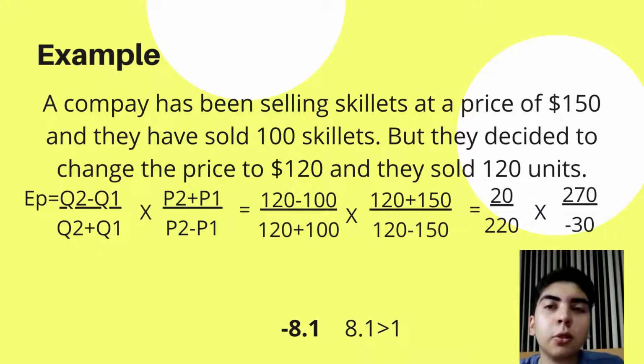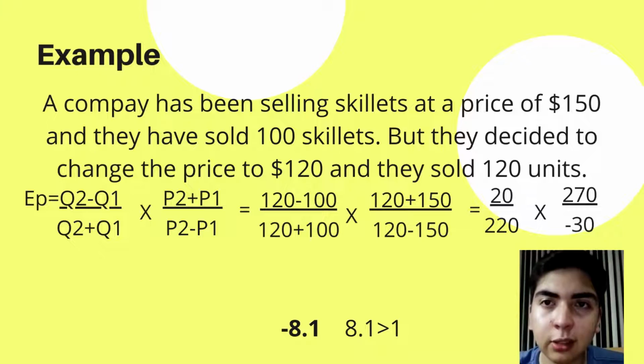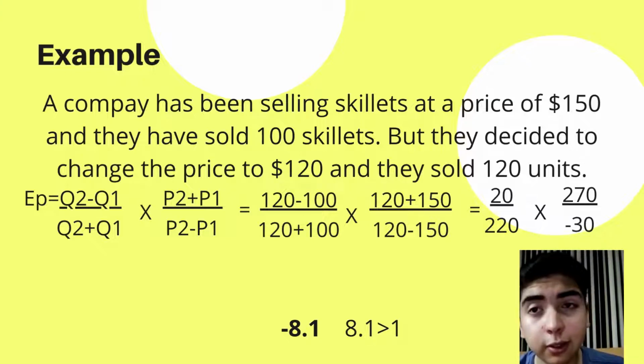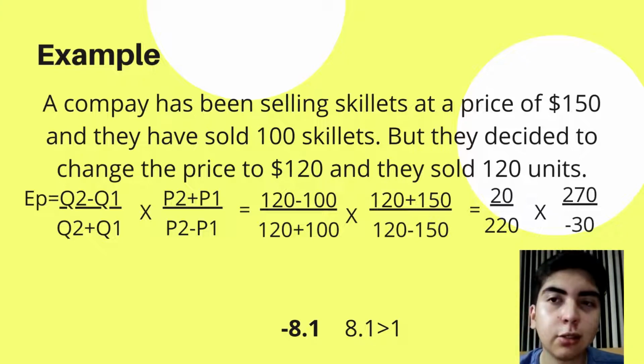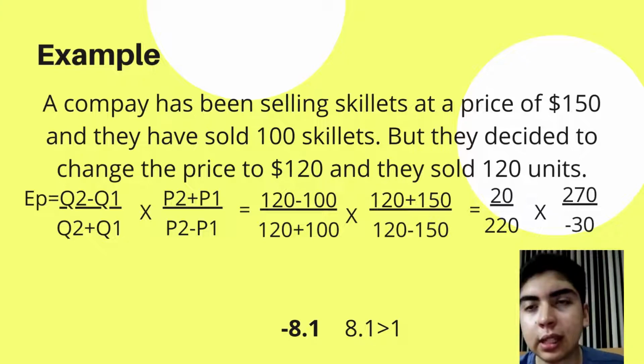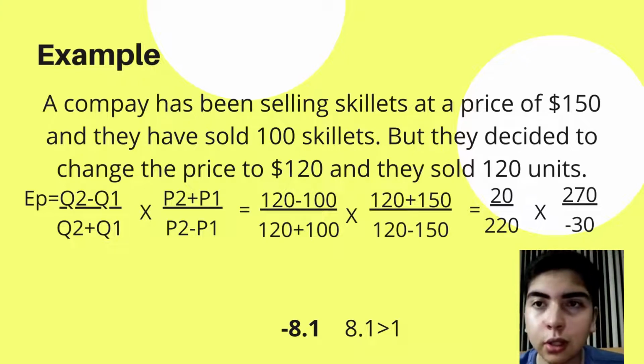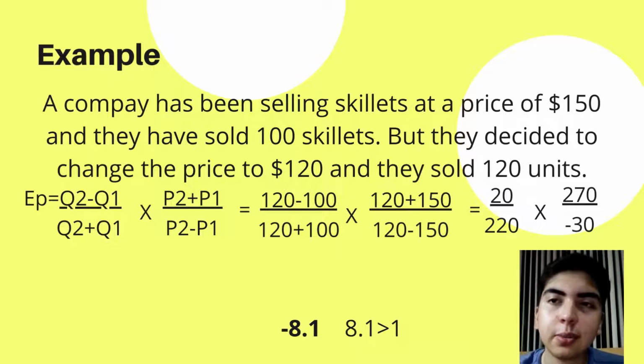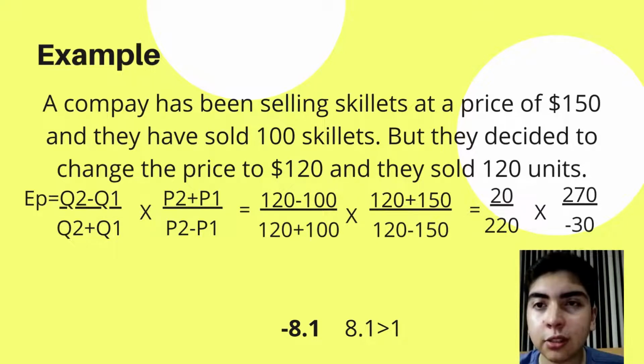So in this case it would be 120 minus 100 divided by 120 plus 100, times 120 plus 150 divided by 120 minus 150. This will be equal to 20 divided by 220 times 270 divided by minus 30.